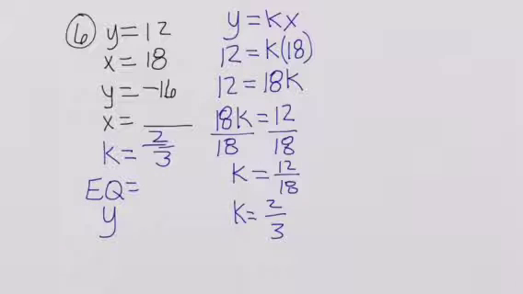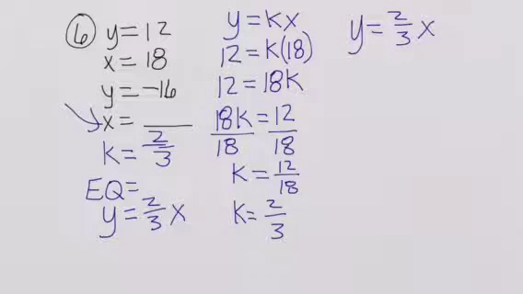So our equation is going to be y is equal to 2/3 x. We can use that equation to find our missing x. So we're going to do y is equal to 2/3 x. We know that y is negative 16 in this ordered pair that we're trying to find our x for.